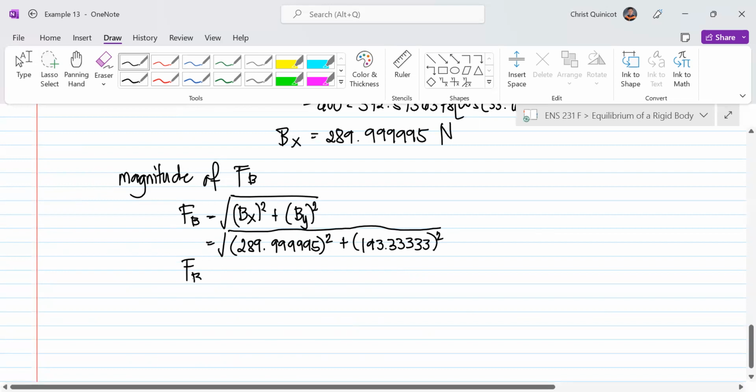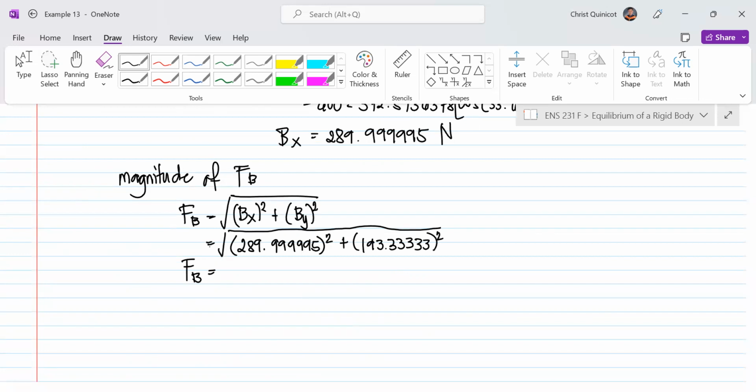Then the magnitude of the reaction at B is equal to the square root of 289.99245 squared plus 193.12345 squared, and that is 348.5366173 Newton.